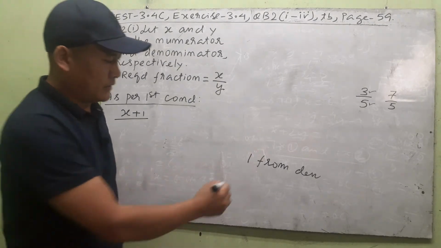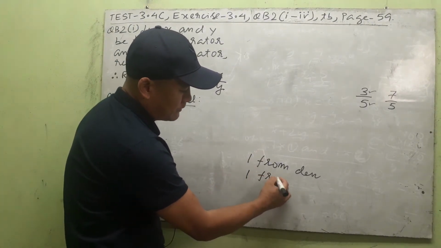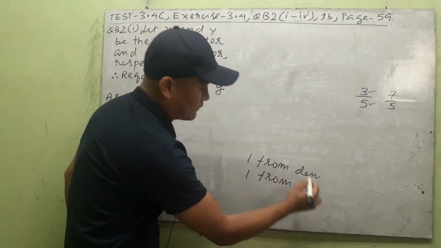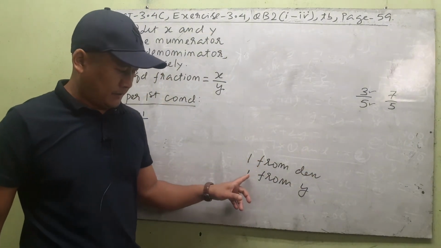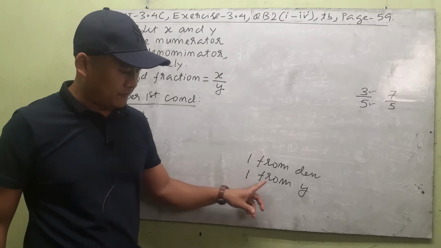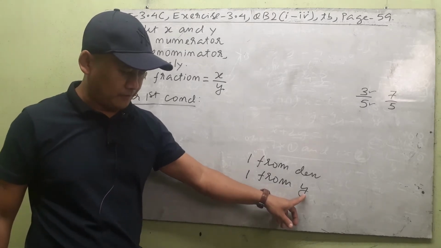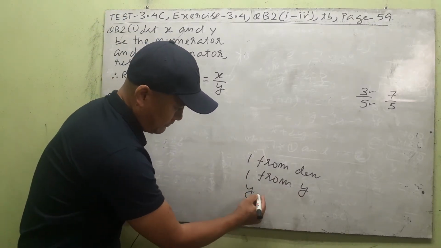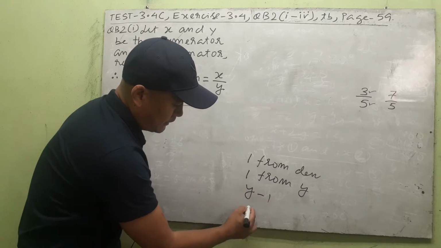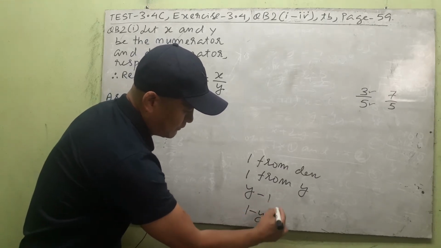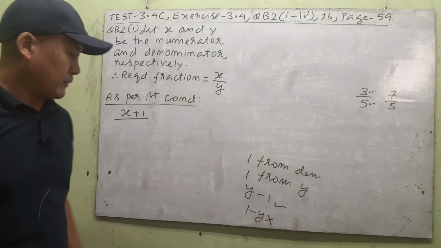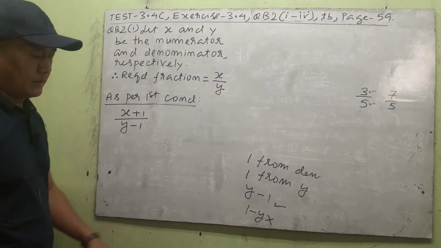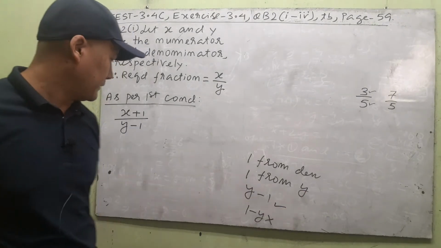Now please remember this, 1 from denominator, and denominator we have put as y, so 1 from y. In subtraction it's important to know this: subtract 1 from y means put the second one first, then minus sign and 1. If you write 1 minus y, this is going to be wrong. Keep that in your mind. So subtract 1 from denominator means y minus 1 and not 1 minus y. Okay, be careful of that.